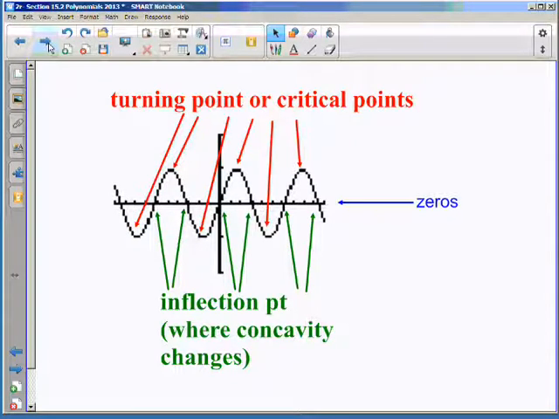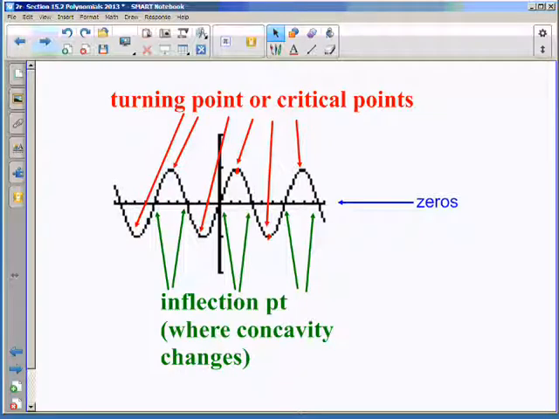Back to the point about the vertex, as a graph turns and goes from increasing to decreasing or the other way around, decreasing to increasing, in red here we point to all the actual turning points, places where things go significantly different in the graph. And then there's something called an inflection point, a little tougher to see or notice, but it's where the concavity changes.